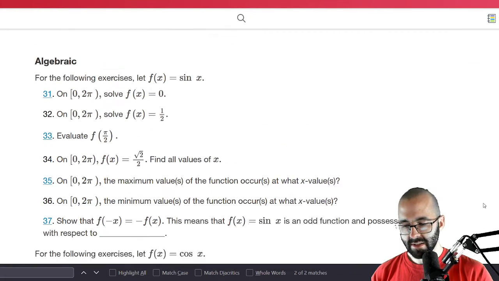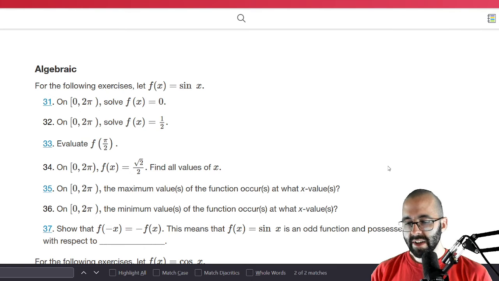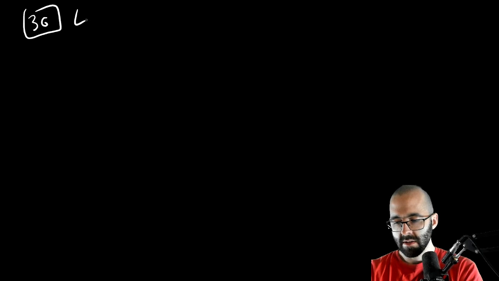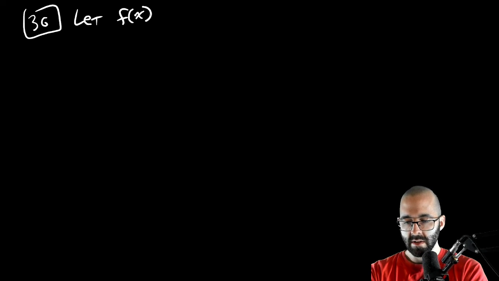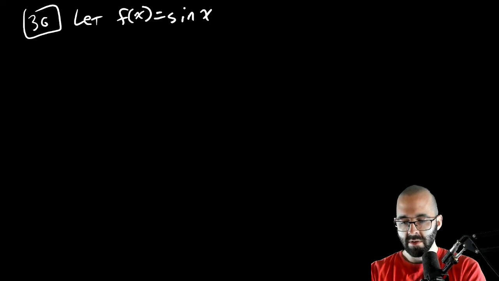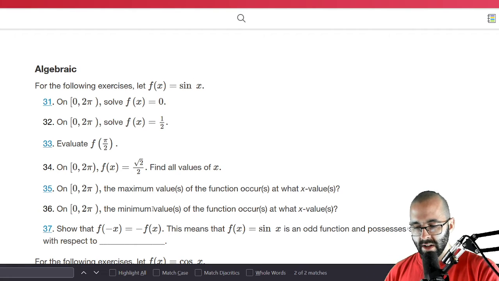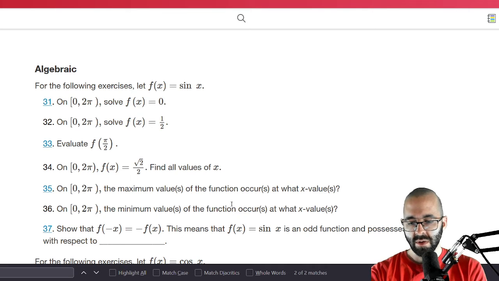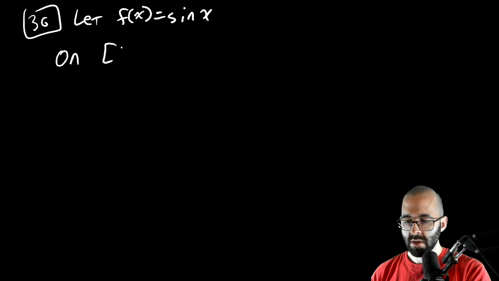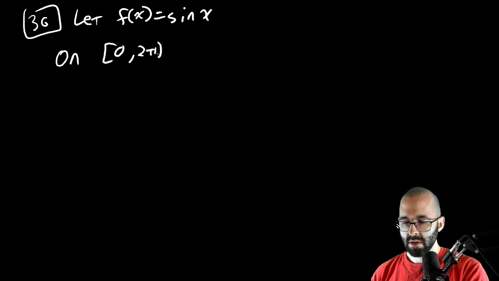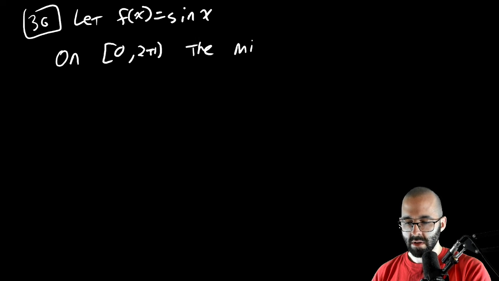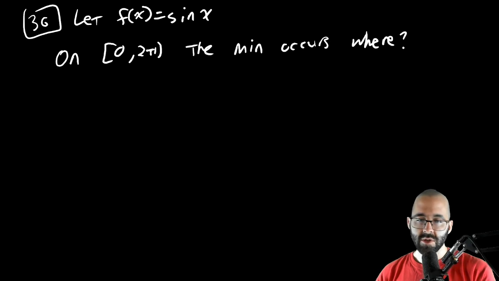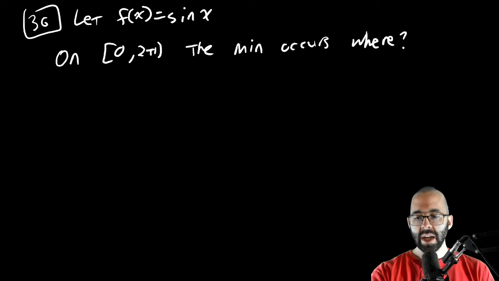Number 36. Let f of x equal sine x. Right? It says that up here. On 0 to 2 pi, the minimum occurs at what value? So you can just graph this if you want, or you can do it by hand.